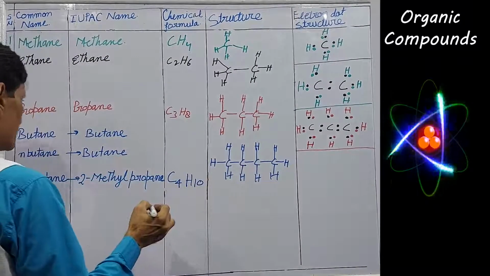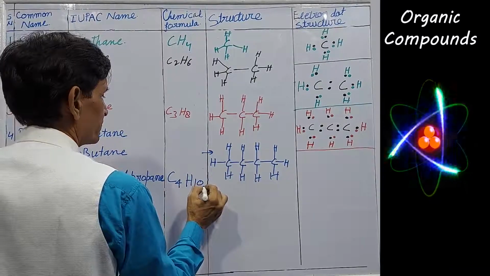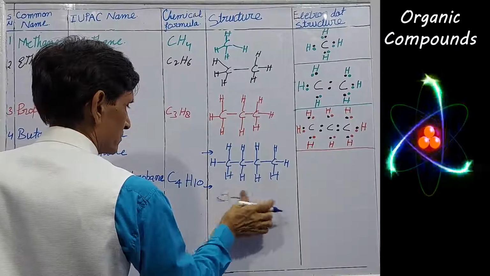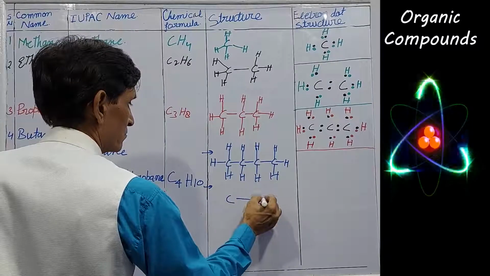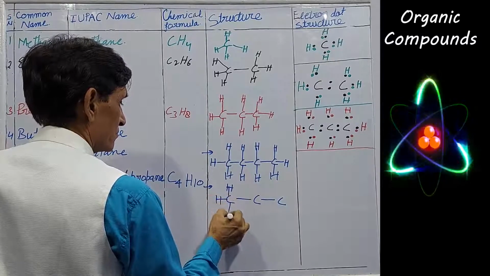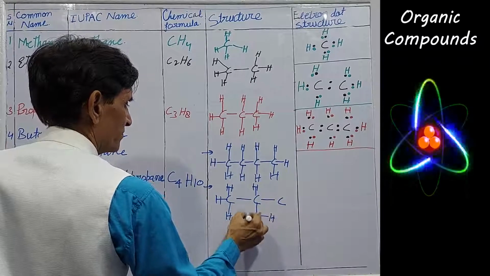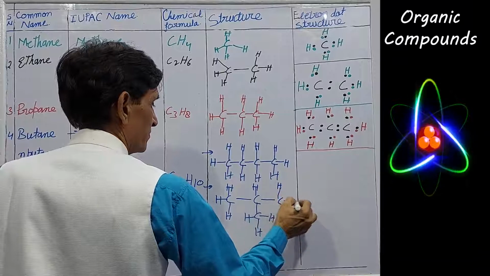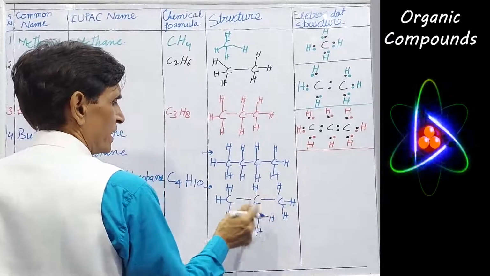And this is the structure for isobutane, 2-methyl propane, with 1, 2, 3 carbons in the chain.